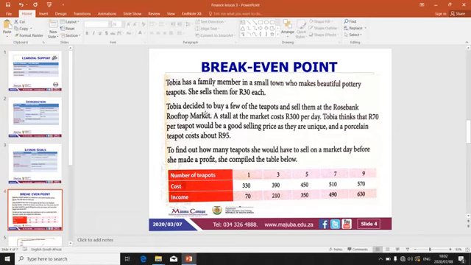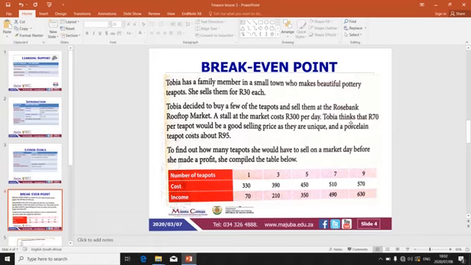Tobia decided to buy a few teapots and sell them at Rosebank Market. A stall at the market costs 300 rand per day, no matter how many teapots she has sold. Even if she sells one, the stall will be 300 for rental.